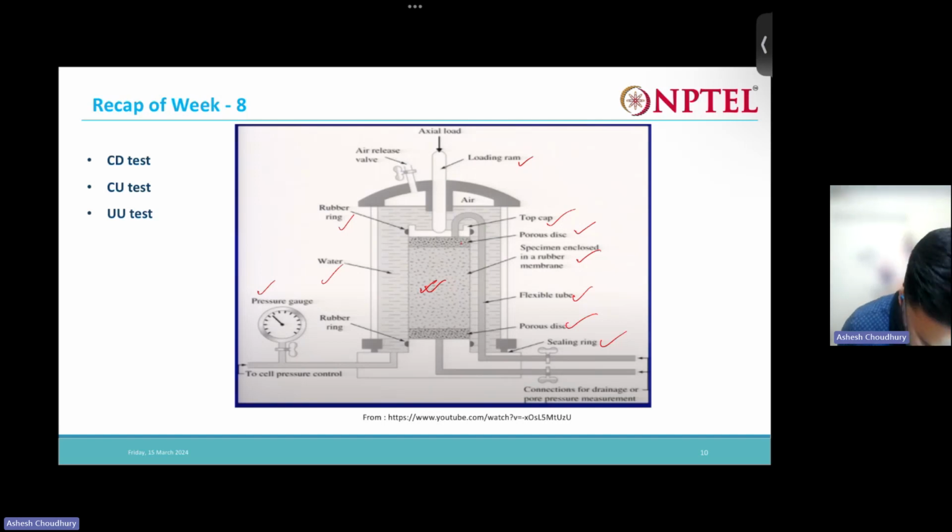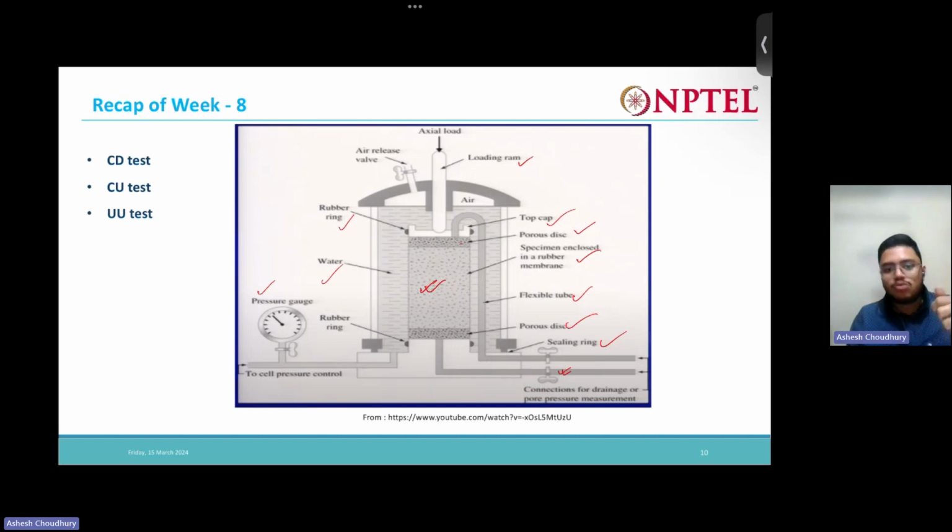You can see here this valve is actually very important. These valves allow the pore pressure control. They control whether you are allowing drainage to happen or not through the soil sample.